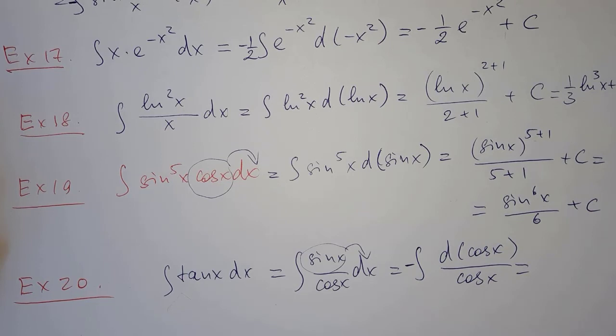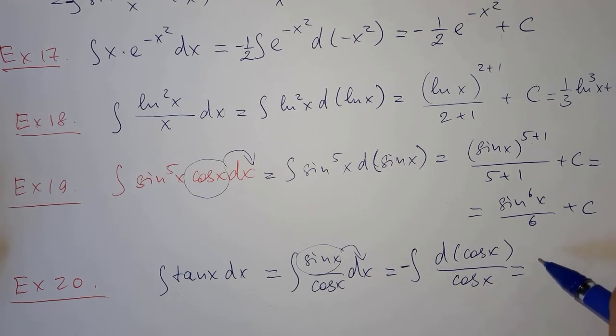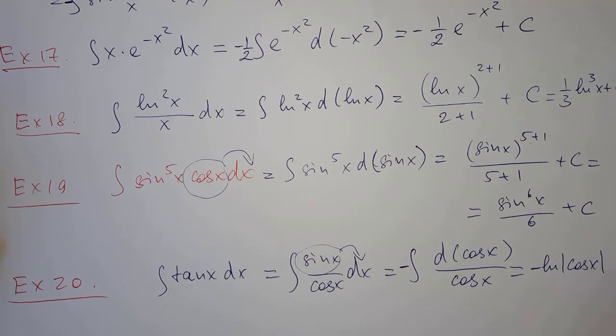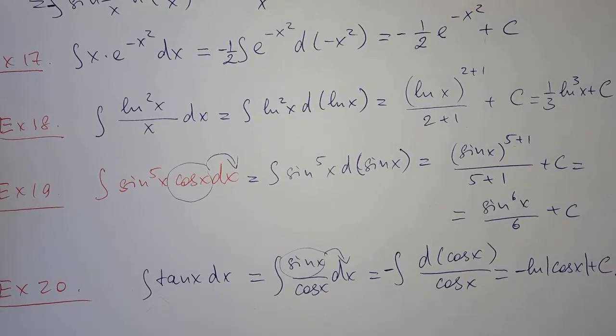So it is natural logarithm of x, but our x is cosine x. So the answer is minus natural logarithm of cosine x plus c. And this is the final answer: minus natural logarithm of cosine x plus c.